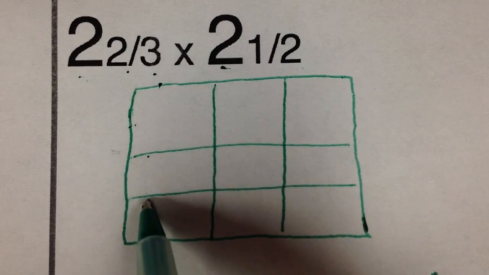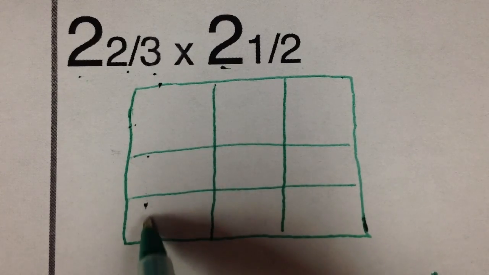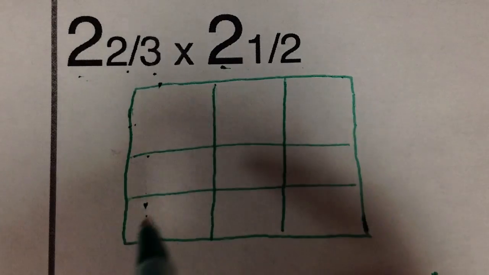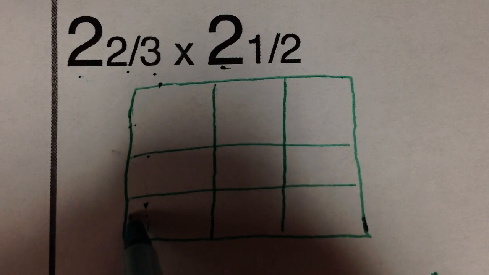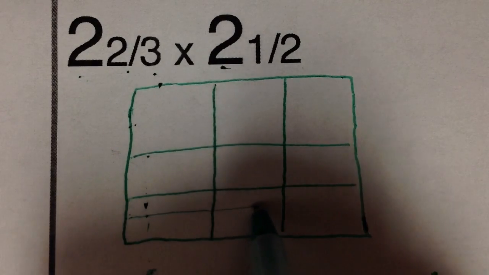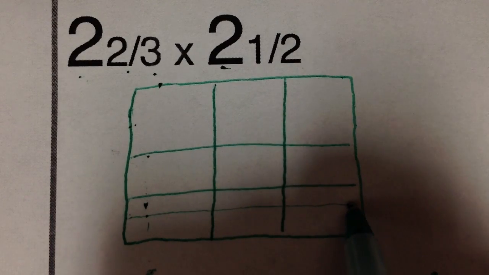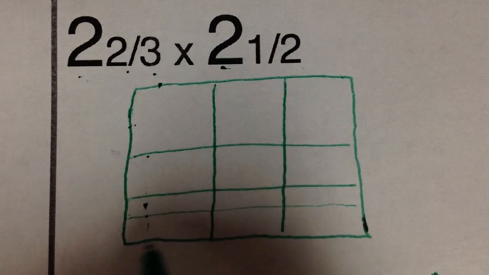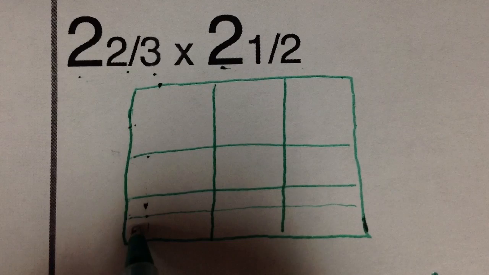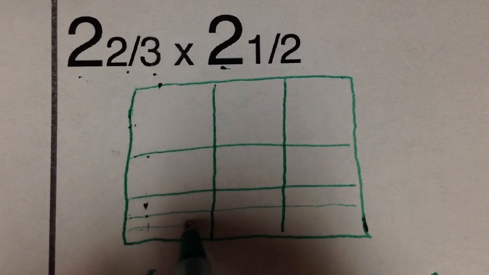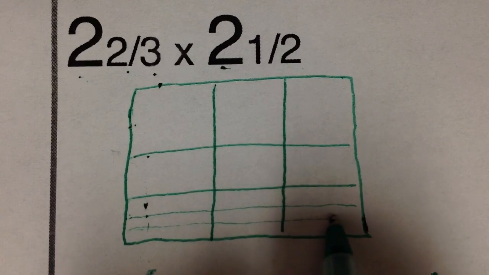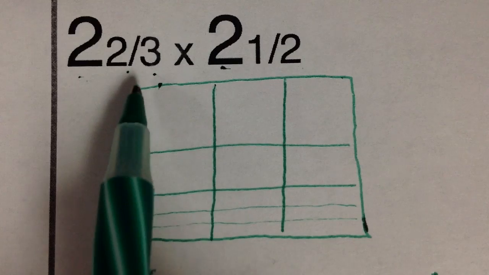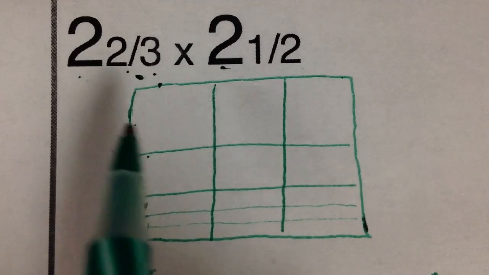Here I have 1 row, 2 rows, and then I need to use this bottom row to make my 2/3. So I'm going to divide that further. I'm kind of trying to use a lighter line to show that this is a fraction. And I'm making thirds out of this last row because my fraction is 2/3.